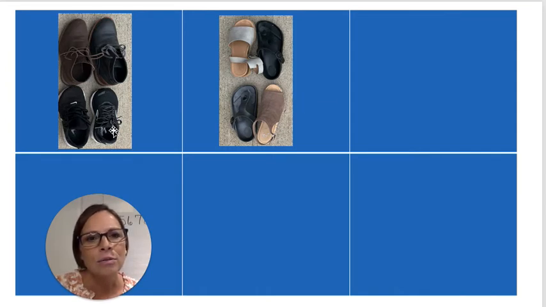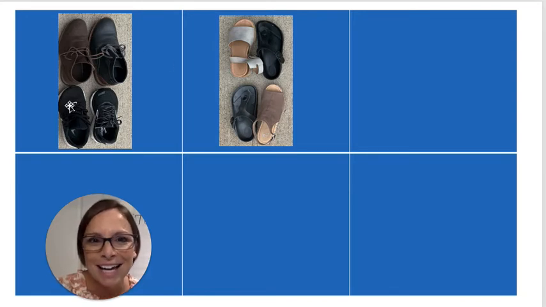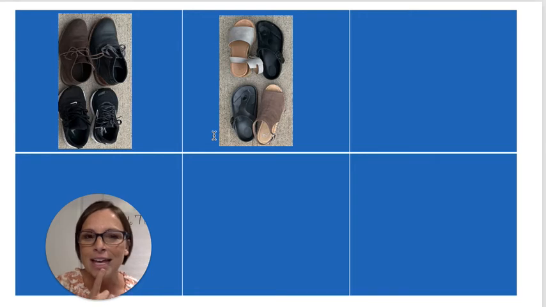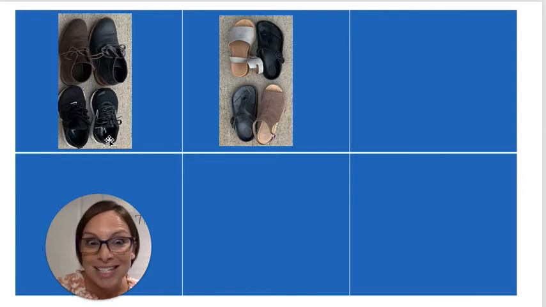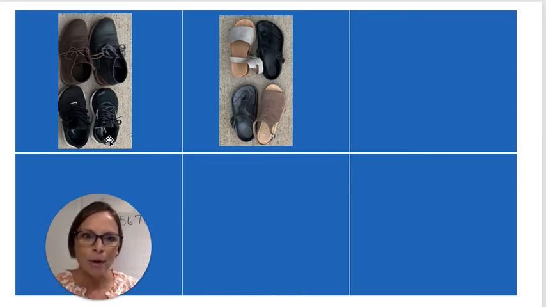So let's take a look. 1, 2, 3, 4 tie shoes. They all have ties. And 1, 2, 3, 4 not tie shoes. Interesting. Did you see what I did there? I told you what my rule was. Tie shoes, not tie shoes. And then we sorted them. Sometimes you really have to study carefully to think how you might want to sort something, right?